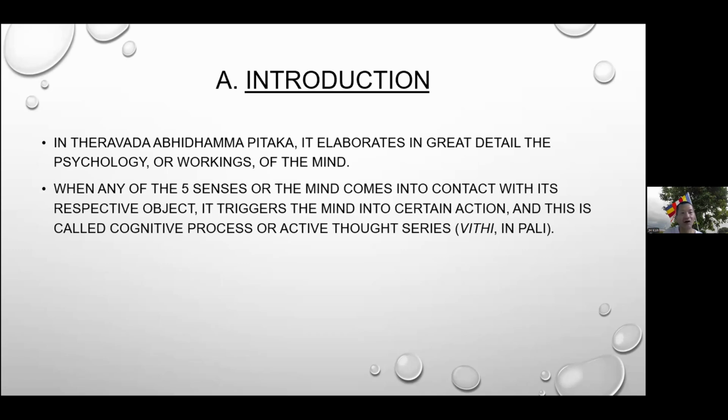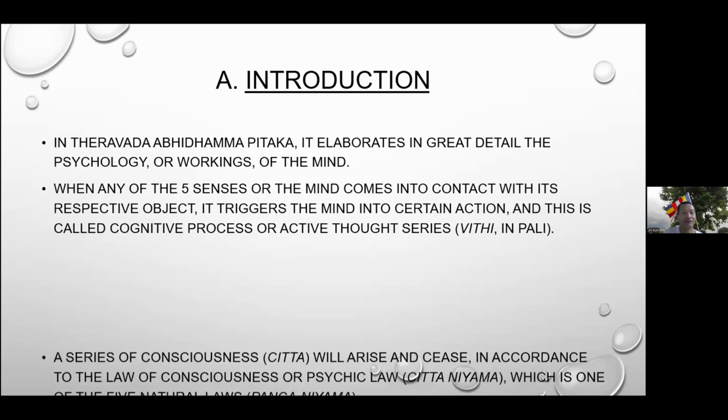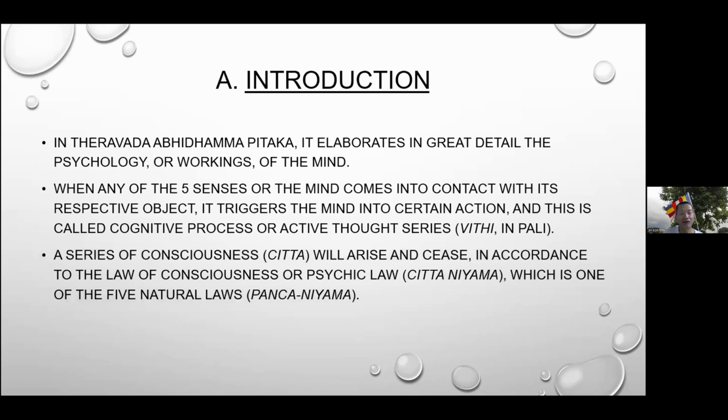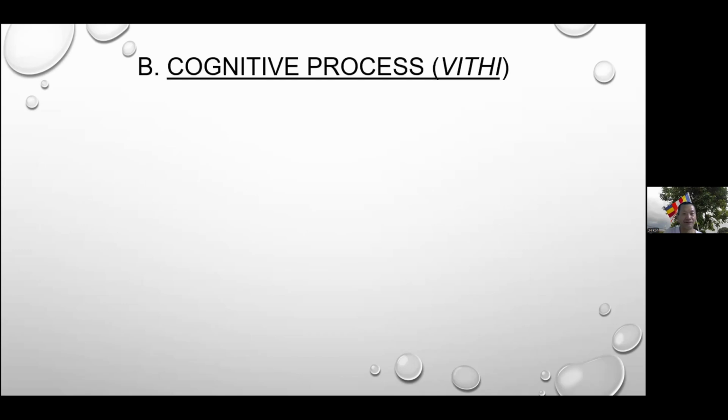This is called cognitive process, or another translation is active thought series, vithi in Pali. A series of consciousness or citta will arise and cease in accordance with the law of consciousness or psychic law, which is citta niyama. This is one of the five natural laws called pancha niyama.